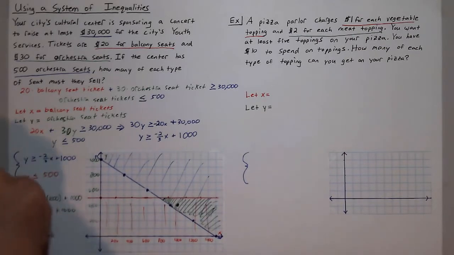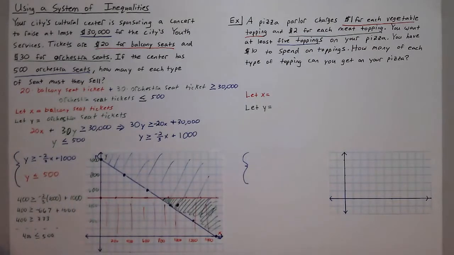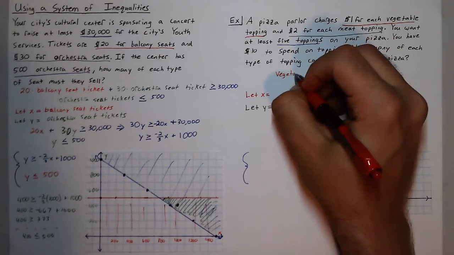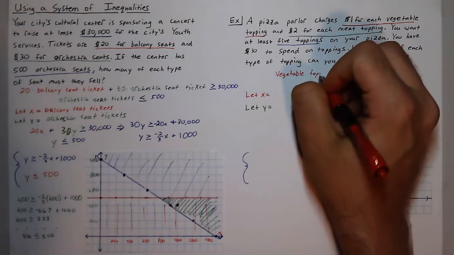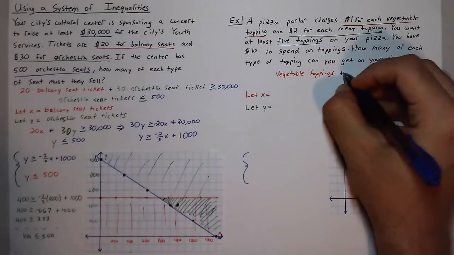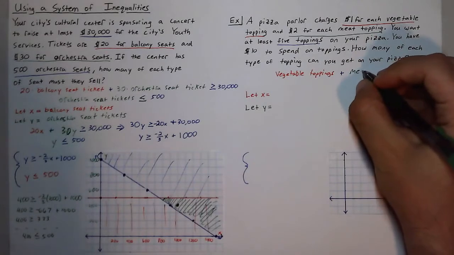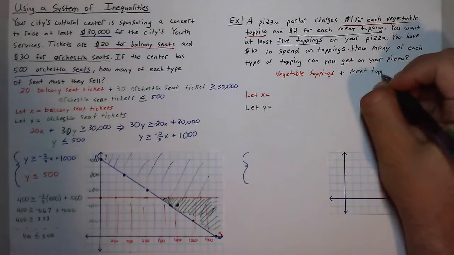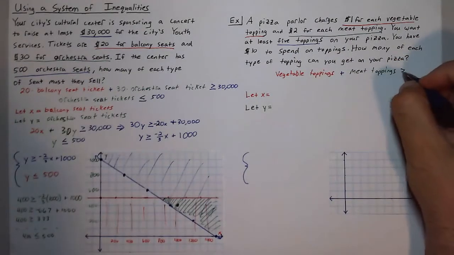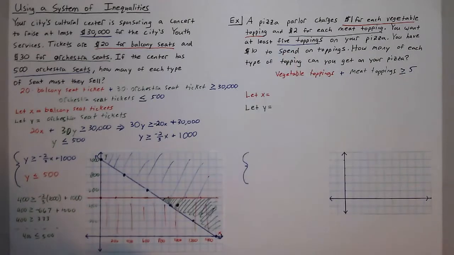So I know I have at least 5 toppings, which means that vegetable toppings plus meat toppings must be greater than or equal to 5, because I don't want any less than 5 toppings.